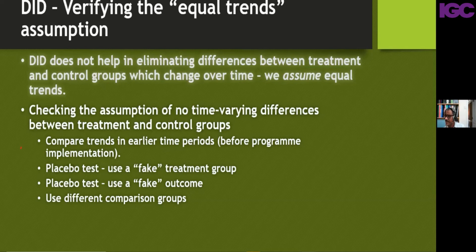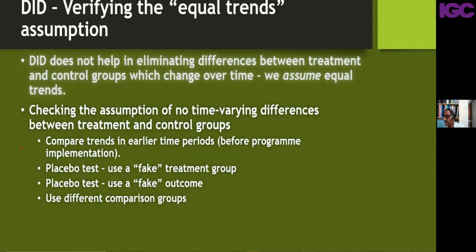Then there are other ways in which you can check whether this assumption of no time varying differences between the treatment and control groups is valid or not. These are called placebo tests. For example, if you want to check how robust your DID estimates are, you can use a fake treatment group.